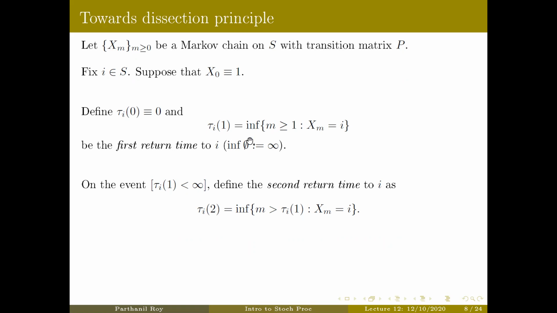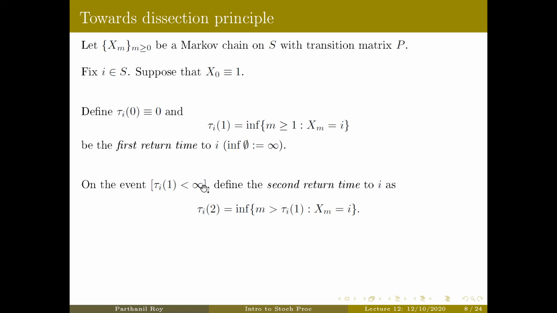So after some finite amount of time, the Markov chain has returned to its initial state, which is I. Then we define the second return time as the first time strictly after the first return time when the Markov chain returns to I. So that's the second return time. And we don't define it at all when the first return time is infinity.